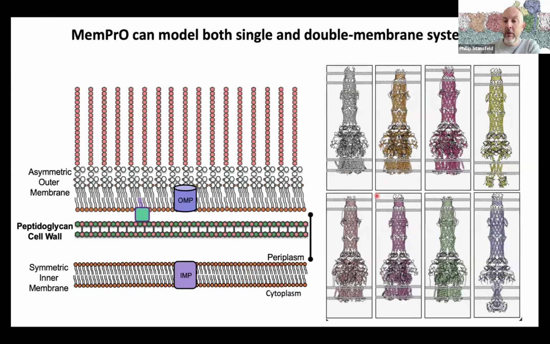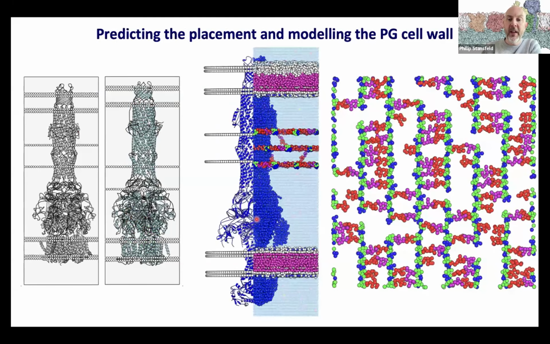And what I just show you here are a series of efflux pumps for which we can use MemPro to orient not only the inner membrane system, but also the outer membrane protein system above. And so beyond this, we can then build both the outer membrane and the inner membrane and establish a full molecular system around it.